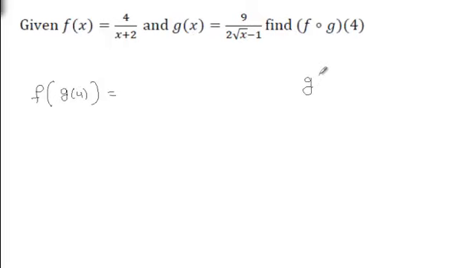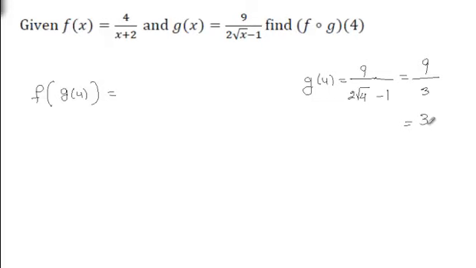So, g of 4 is equal to 9 over 2 radical 4 minus 1. Okay? It's equal to 9 over radical 4, 2 times 2, 4 minus 1, 3. So you get 9 over 3. Then what about 9 over 3? 9 over 3 is equal to 3. Very good.